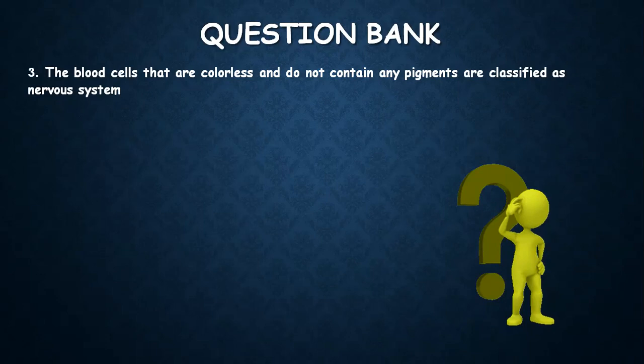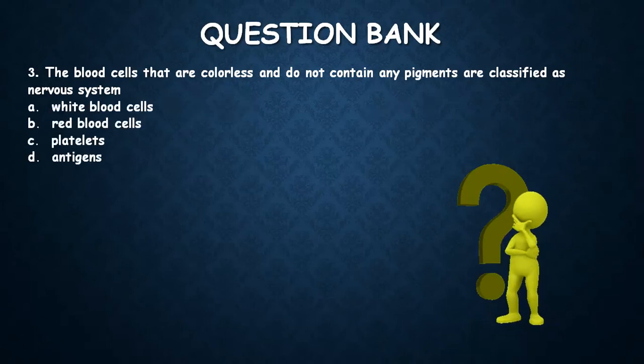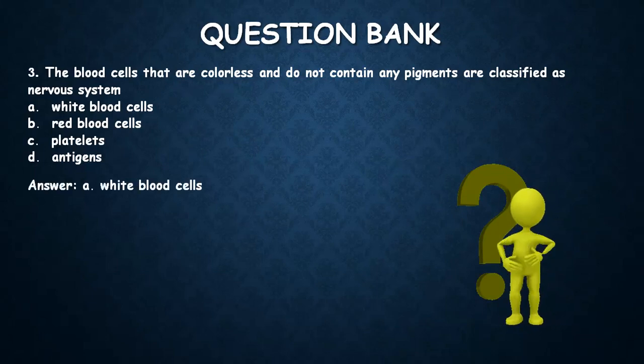Next question: the blood cells that are colorless and do not contain any pigments are classified as which? Option A is white blood cell, B is red blood cell, C is platelets and D is antigen. Answer is A, which is white blood cell.